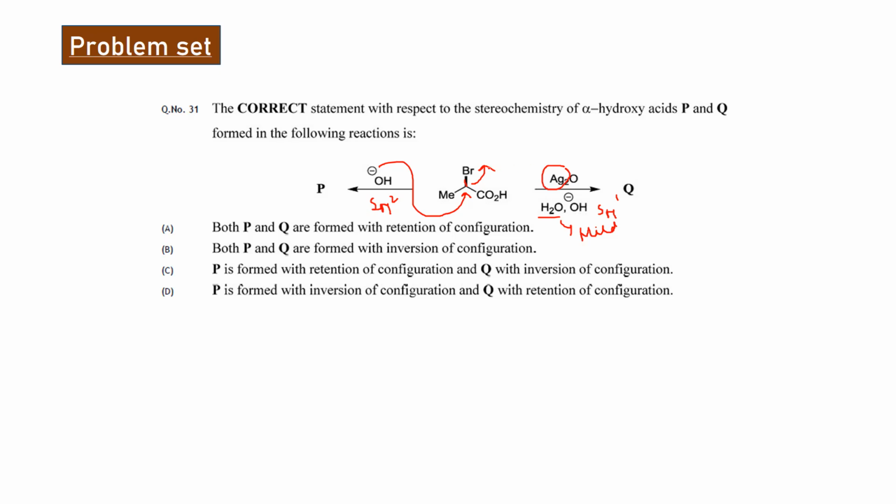Because of that, this bromine will coordinate with this silver catalyst and get removed from the system, generating this carbocation species.